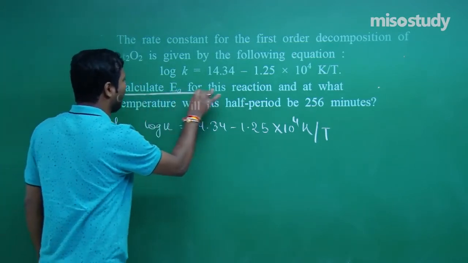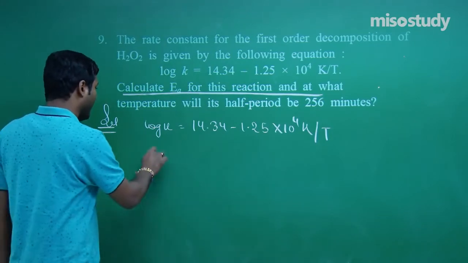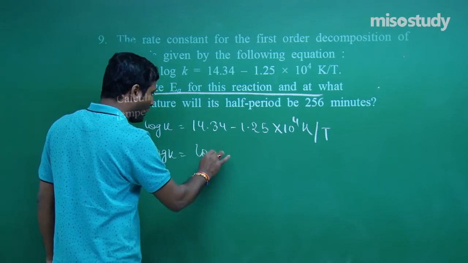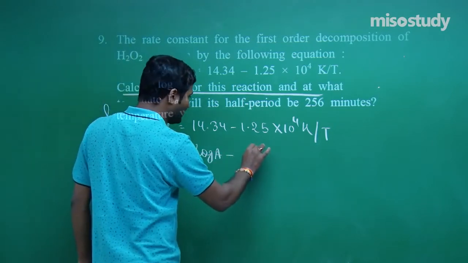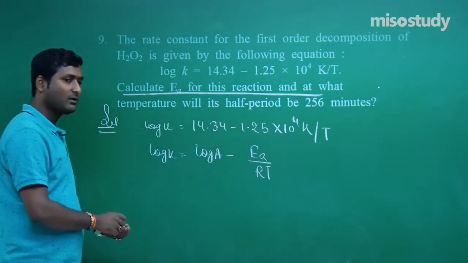Calculate EA for this reaction. Now, what is the standard equation? As we know, log K is equal to log A minus EA upon RT. This is the case. Now, compare.